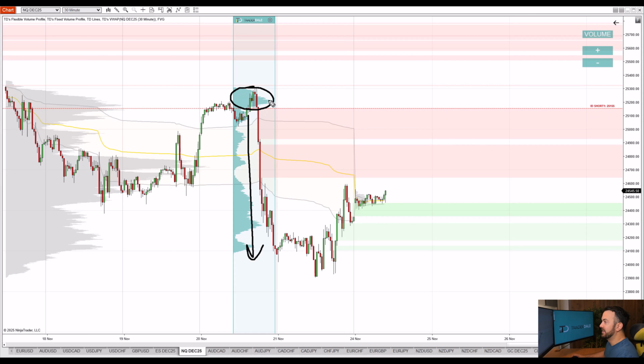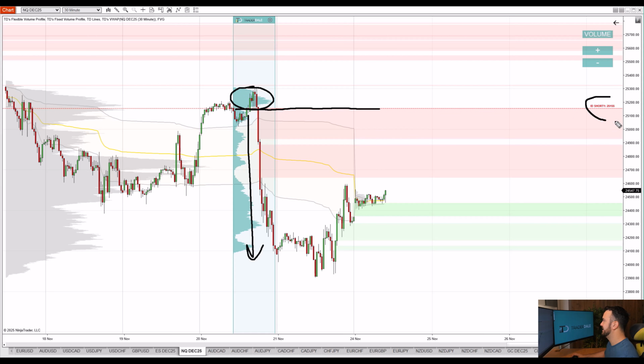So again, this heavy volume zone represents a place where sellers were active, building up their short positions before pushing the price into this sell-off, right? Again, the level is at the beginning of that heavy volume zone.